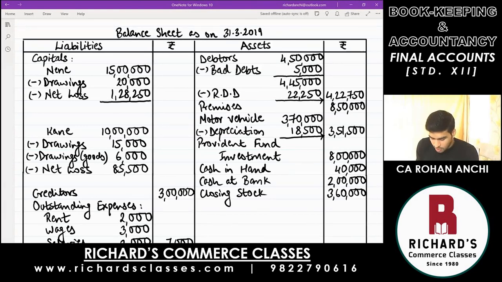Now time to find out the capitals in the outer column. For Nene first, both items are to be deducted, drawings and net loss, both of them.